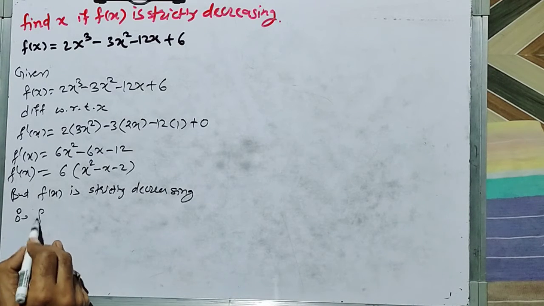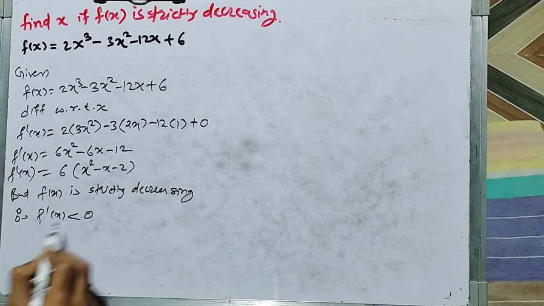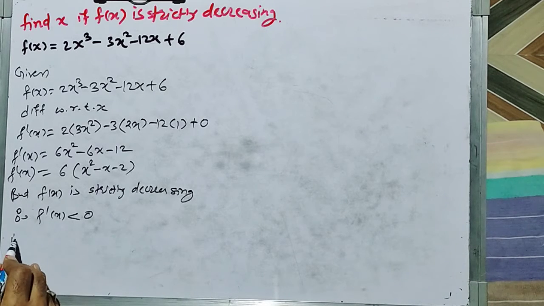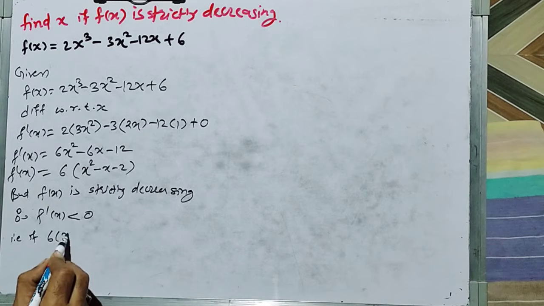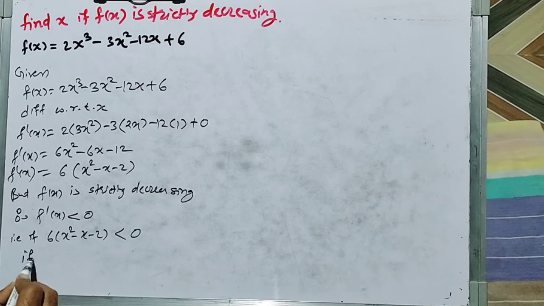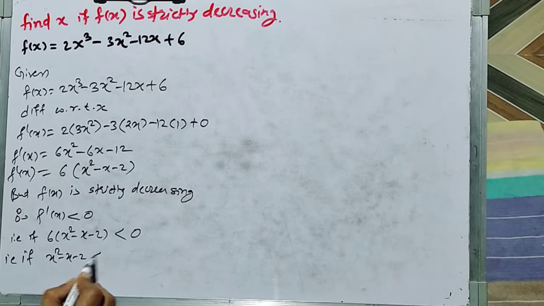So therefore f'(x) must be less than 0. So that is, if 6 into (x² - x - 2) is less than 0, that is if x² - x - 2 is less than 0, it means we transfer this to that side.